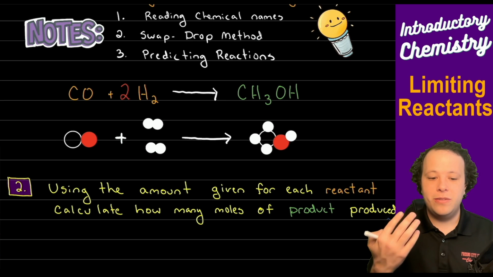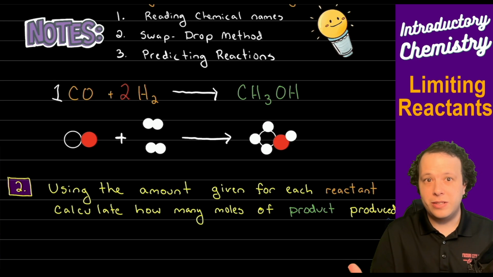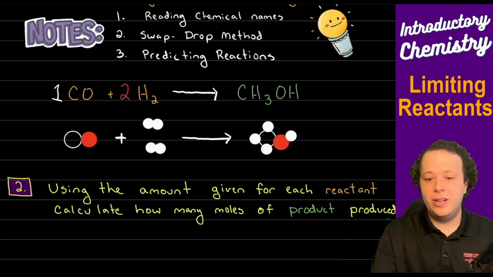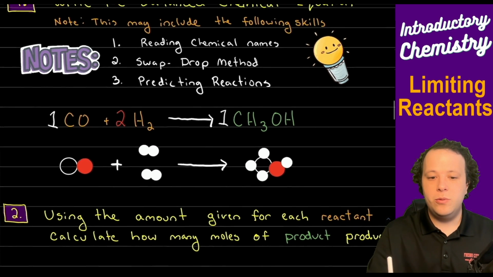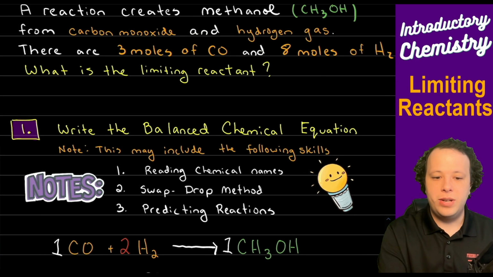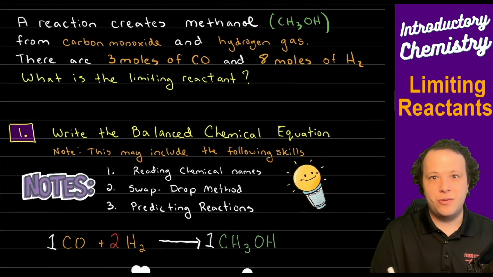If I have my chemical reaction, we can see that for every 1 mole of CO, we have 2 moles of hydrogen. Also for every 1 mole of CO, we create 1 mole of methanol. With all that starting information, we were given that we had 3 moles of CO and 8 moles of hydrogen in this reaction.